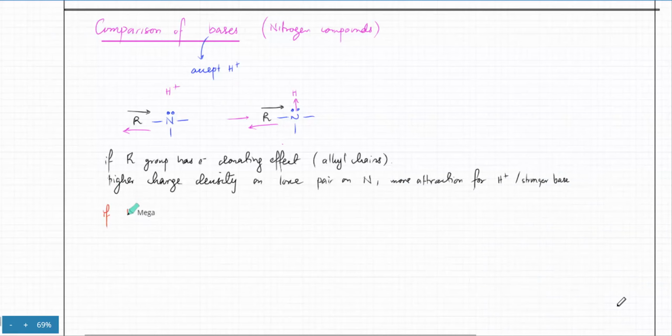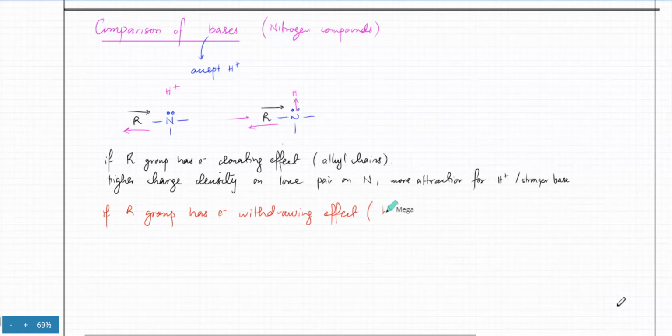So if the R group, or whatever group is attached, has an electron withdrawing effect, and what groups have electron withdrawing effect? Many groups.